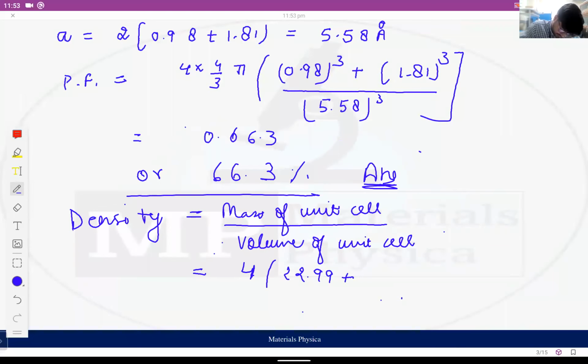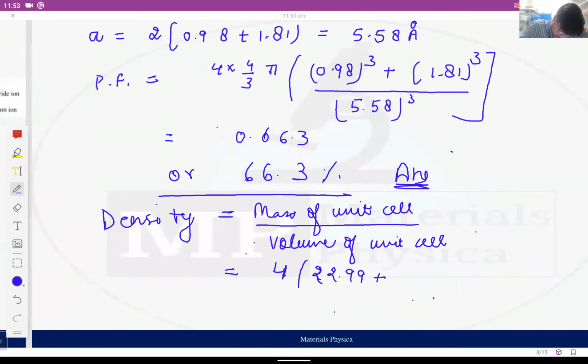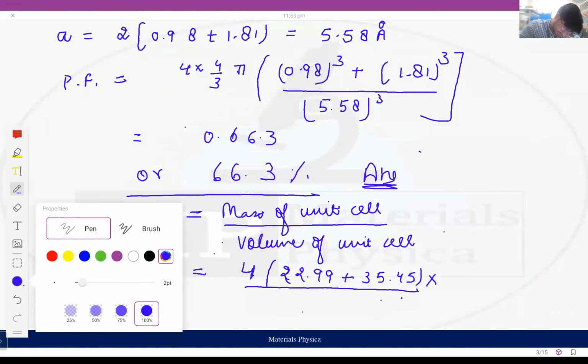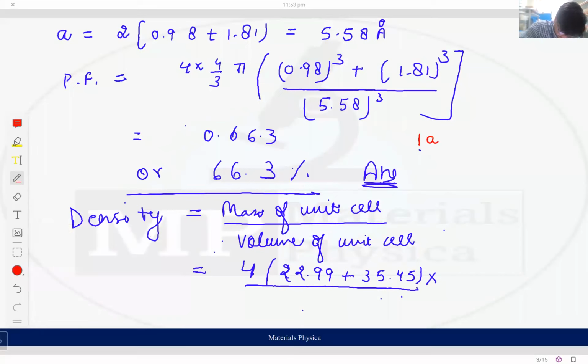And the atomic mass of chlorine is 35.45. These values are in atomic mass unit, so we have to change these values into kg or gram. We know 1 AMU is equal to 1.66 into 10 to the power minus 27 kg.